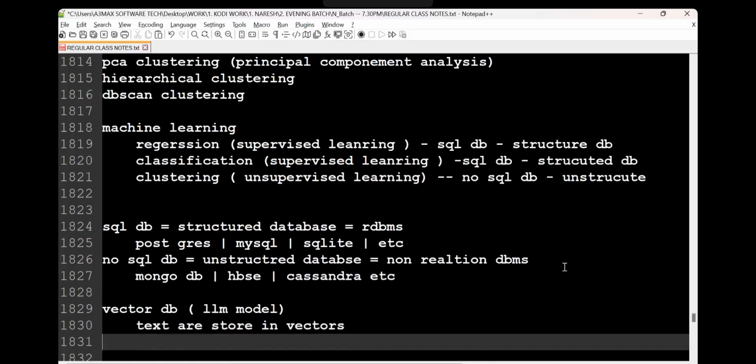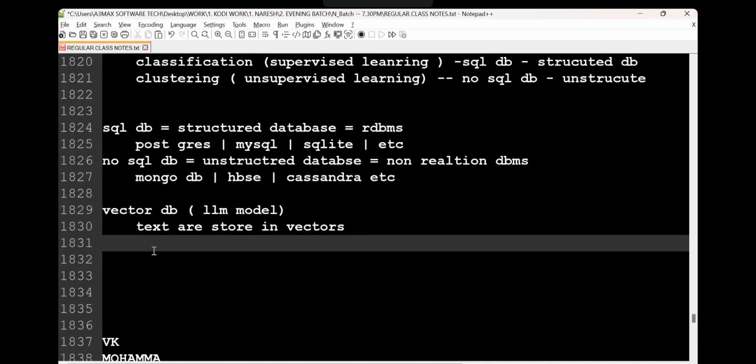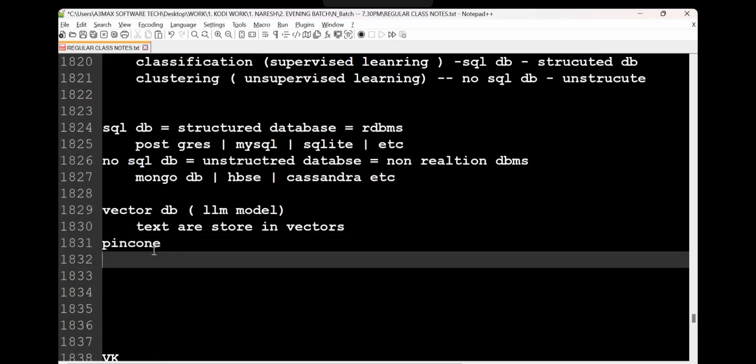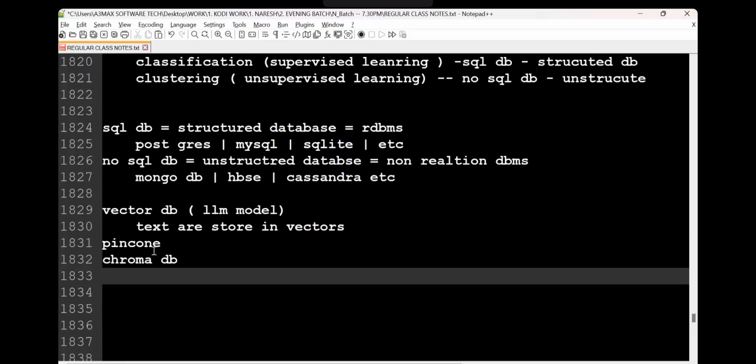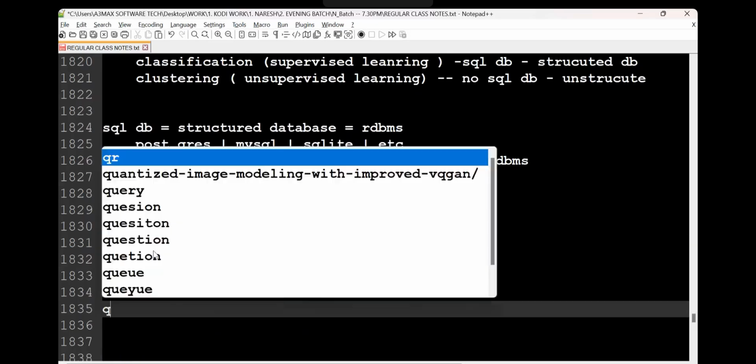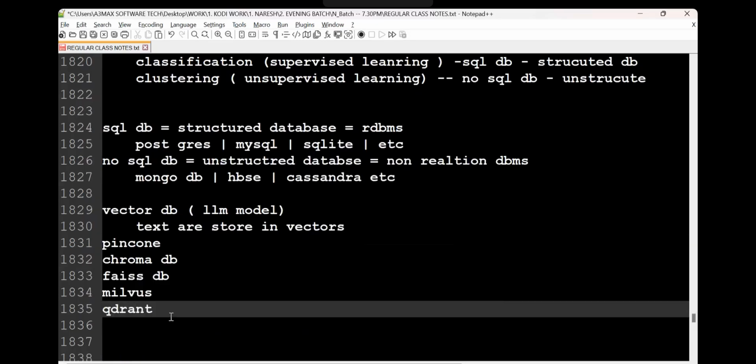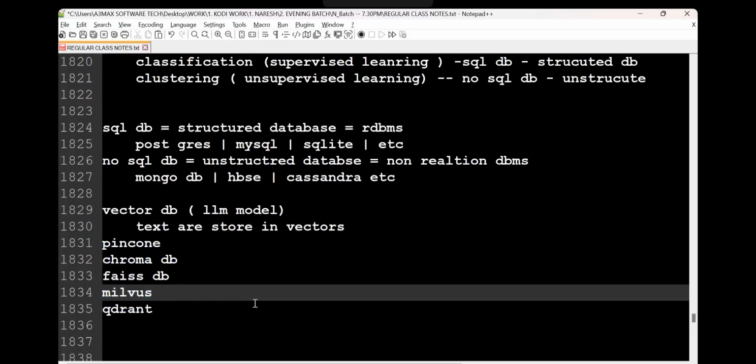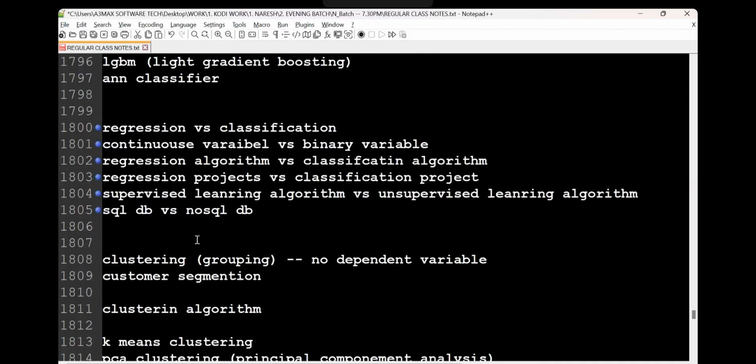A few database names, again unstructured: Pinecone, ChromaDB, FAISS, Milvus, and Qdrant. So this is our latest one. We will work with RAG and all those things in future classes. So honestly, answer me, how many of them are clear?